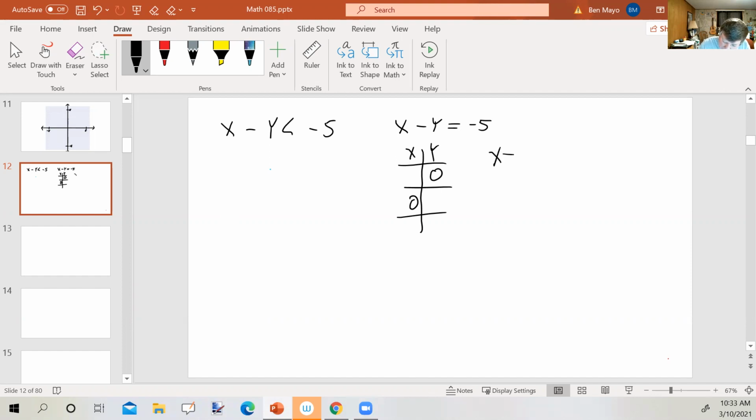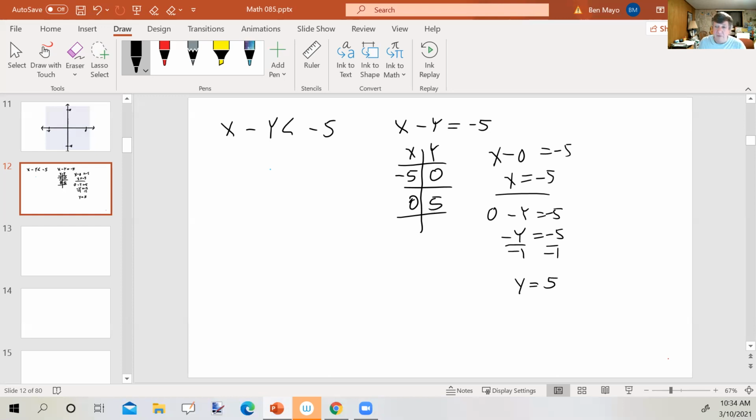We get x minus 0 equals -5, or x equals -5. So we have the ordered pair -5, 0. To find the y-intercept, we set x equal to 0. We get 0 minus y equals -5. Negative y equals -5. Divide both sides by -1, and y equals 5. So we have the two ordered pairs, -5, 0, and 0, 5.